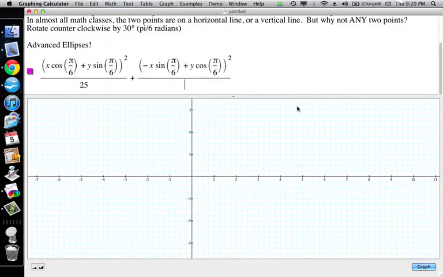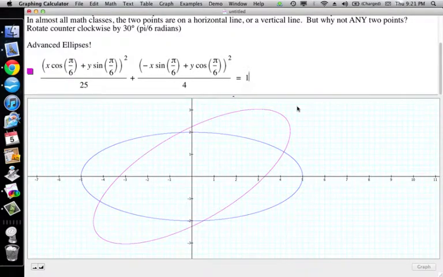I'm going to divide it by 4. I'm going to set that equal to 1. And there's my ellipse that has been rotated counterclockwise by 30 degrees. Okay, all fine and good.